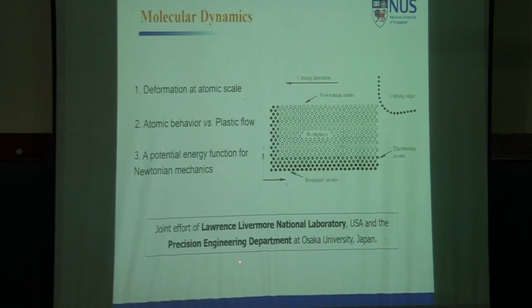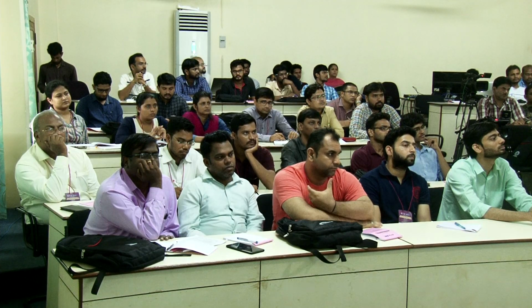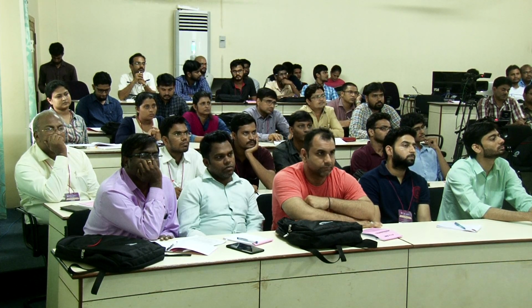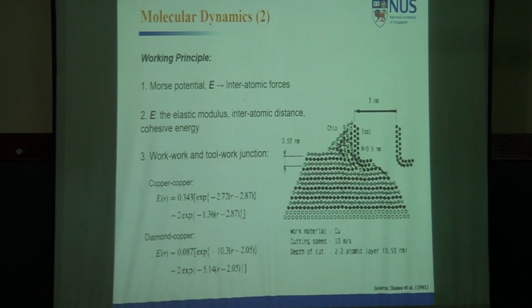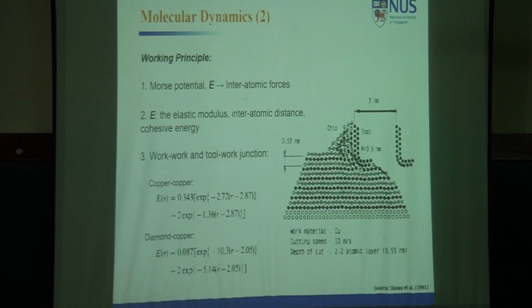It was done a long time back when the first diamond turning machine was developed in the USA at the Lawrence Livermore National Laboratory, and this analysis was done by Professor Ikawa in Japan. We published a paper, you can refer to that paper as well, but I'm not going to elaborate on it.